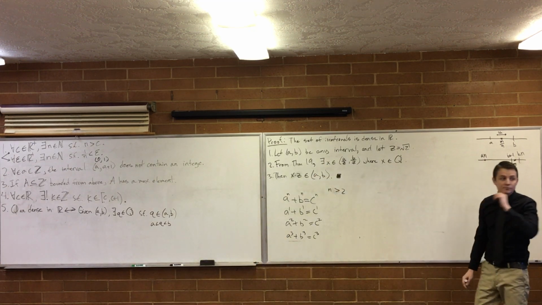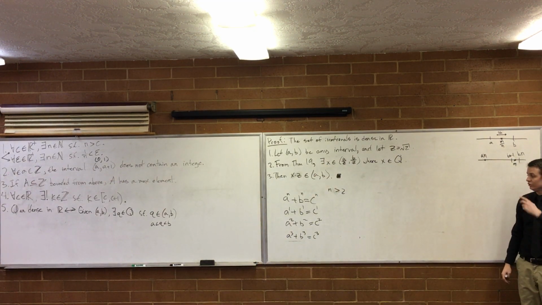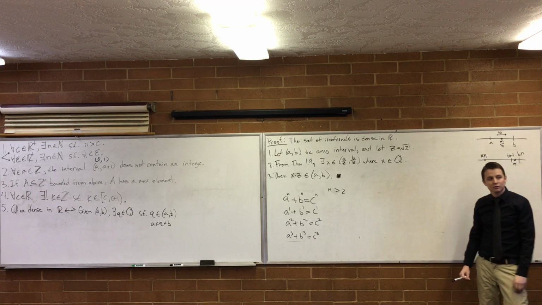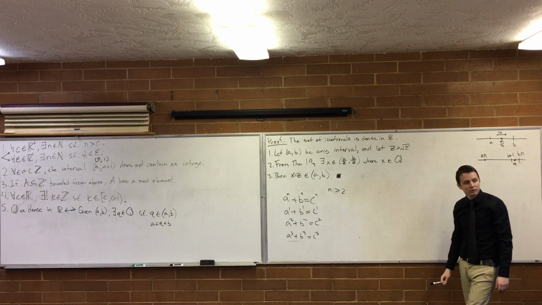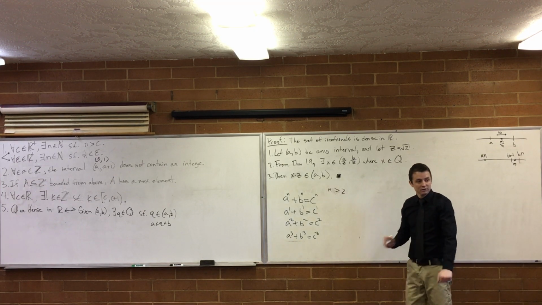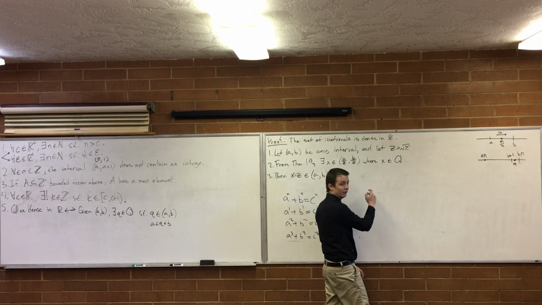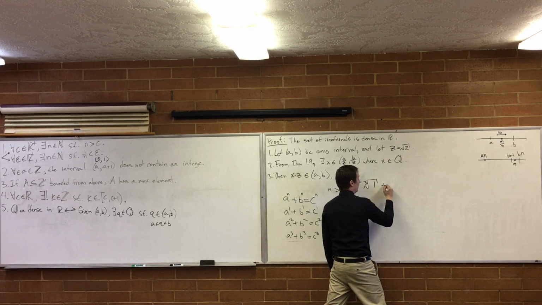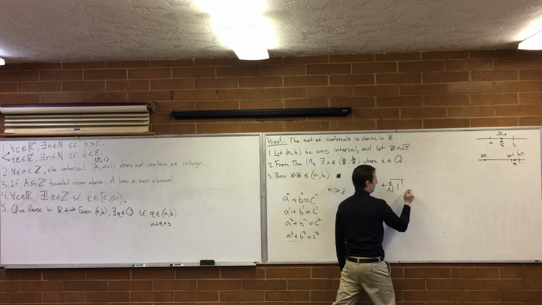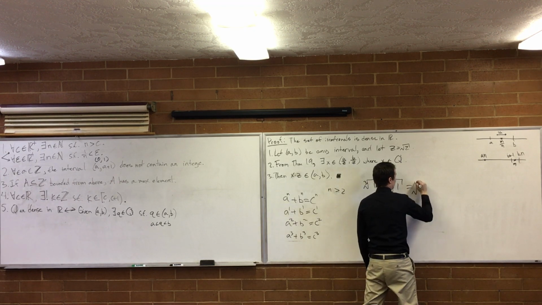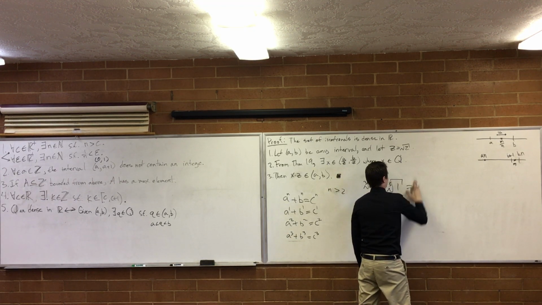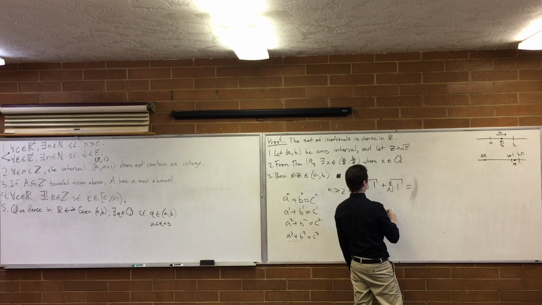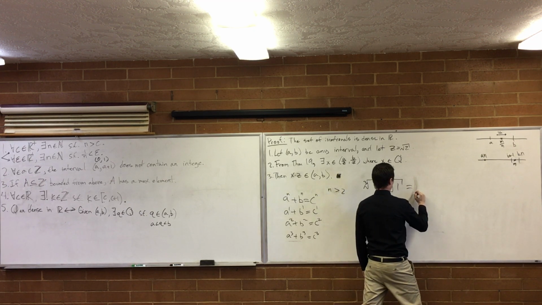You tell me I can find it? You can find real numbers that make it true all the time. That's not hard. Like what? Well, if I say the cube root of 1 plus the cube root of 1 equals whatever.